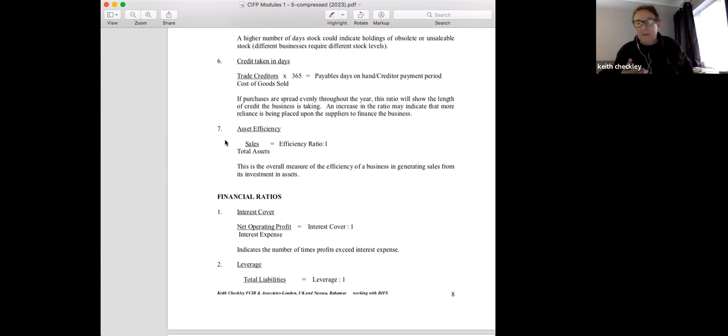For those of you working in a financial institution, if you take your institution's balance sheet, you'll find the total assets are generally pretty large. But then when you look at the sales, which are the income generated through interest charges and non-interest income, such as commissions and facility fees, that's the figure you'd have to take.